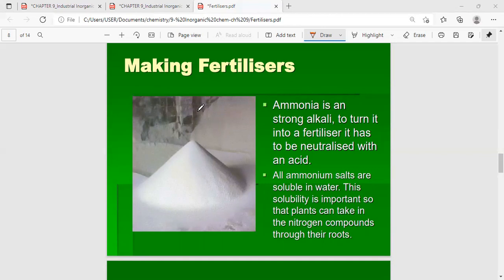One important thing is that all ammonium salts are soluble in water. Whether it is ammonium nitrate or ammonium phosphate or any ammonium salt, it will dissolve in water. Only when the fertilizer dissolves in water can the roots take the salt to the plants, and the plants can make use of it. So all ammonium salts have to be soluble in water.